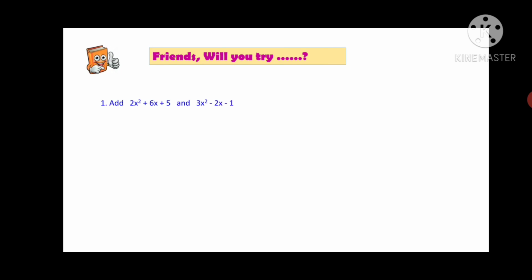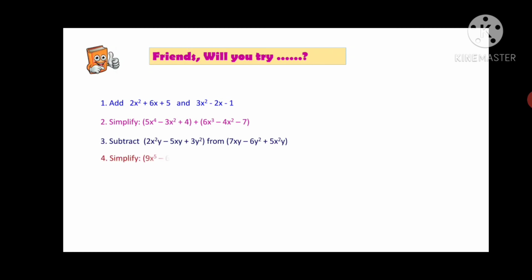Add 2x square plus 6x plus 5 and 3x square minus 2x minus 1. Simplify 5x raised to 4 minus 3x square plus 4, 6x cube minus 4x square minus 7. Subtract 2x square y minus 5xy plus 3y square from 7xy minus 6y square plus minus 6x raised to 5 plus 2x square.